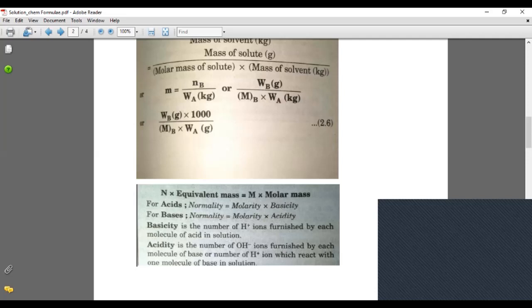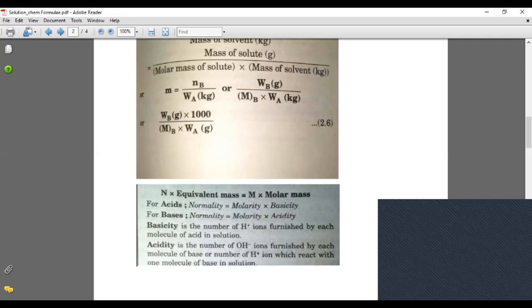So if we wish to find the mole fraction of the solute, then Xb is equal to Nb divided by Na plus Nb. If the mass of the solute is given, in that case, mass should be divided by the molar mass of the solute so that we can obtain the number of moles. Similarly, the mole fraction for the solvent is Xa equal to Na by Na plus Nb.